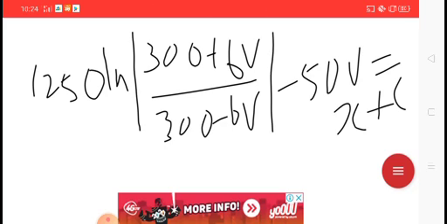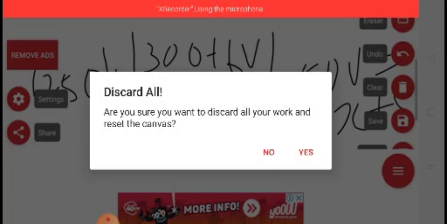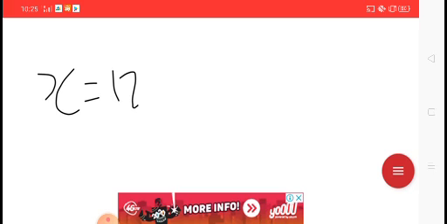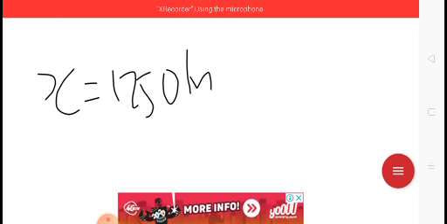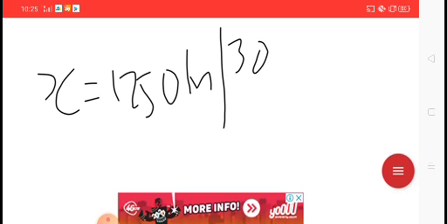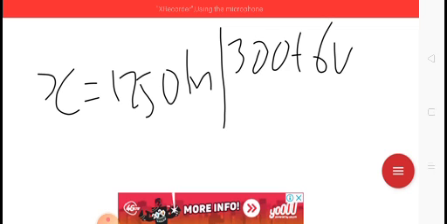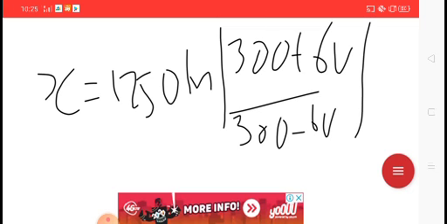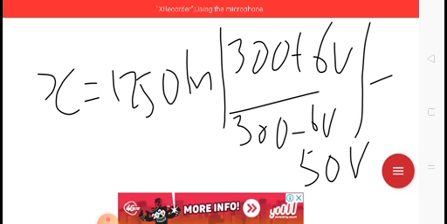So at the end you will get an equation for x in terms of v: 1250 ln((300 plus 6v) over (300 minus 6v)) minus 50v. So this is the equation of x in terms of v for E part 2.